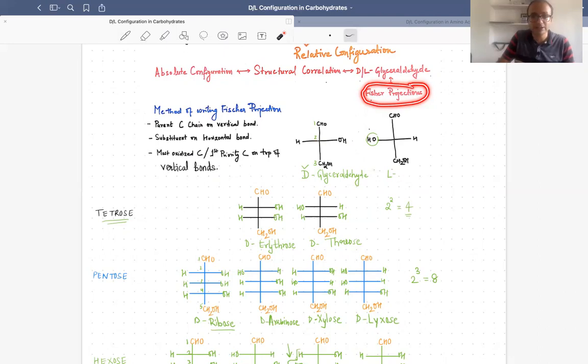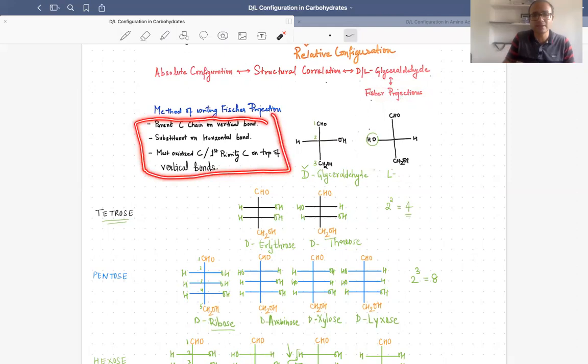When you write the Fischer projection formula in this particular way, you will be able to correctly decide whether the given molecule is D or L configuration.